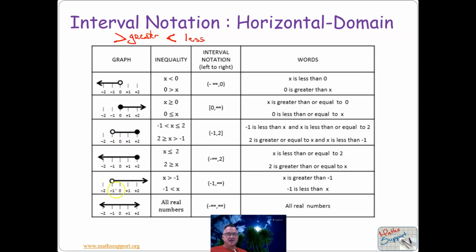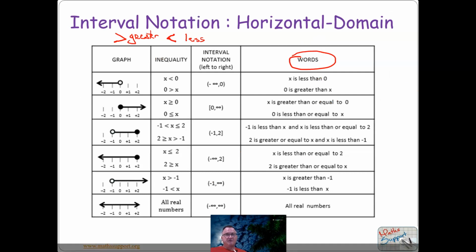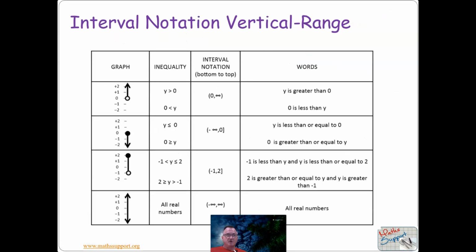So this is a table summarizing what we just did. This would be domains, the x's. Here's your inequalities. Here's your interval notation. And here's how you would say these different things using words. And then the next slide is if we were doing the vertical.